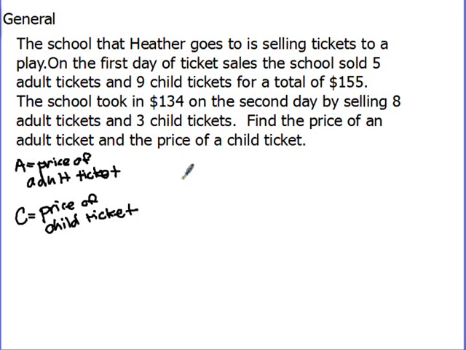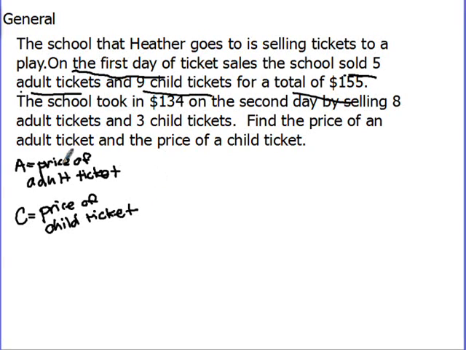So there's 2 days that we have information from. The first day, it says here, the ticket sales at the school, they sold 5 adult tickets, 9 child tickets for a total of $155.